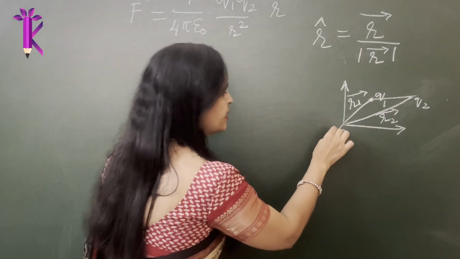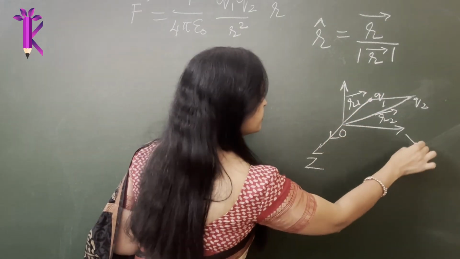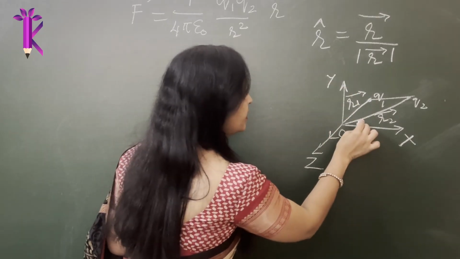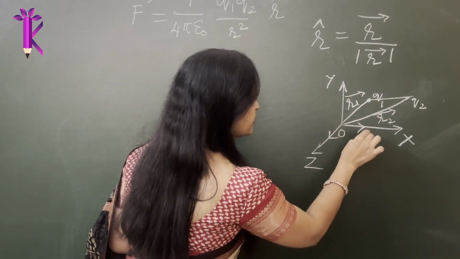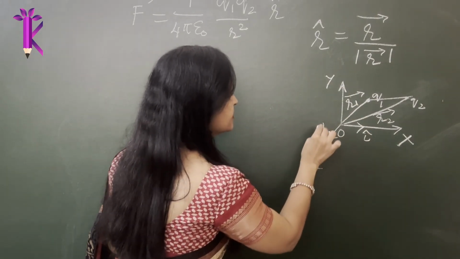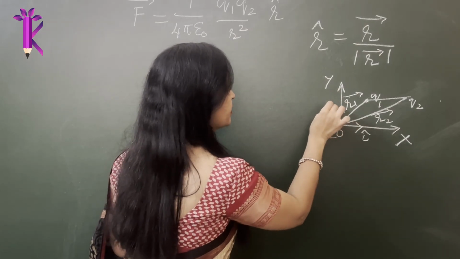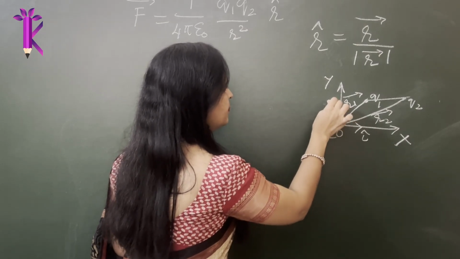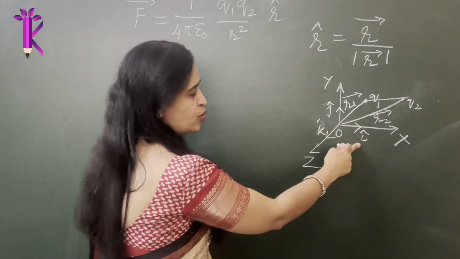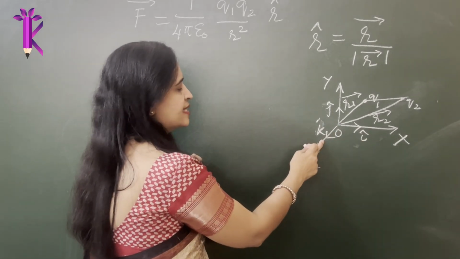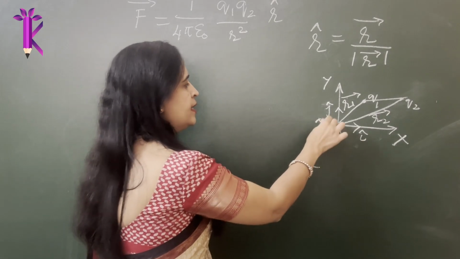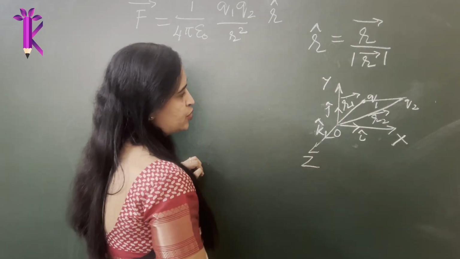With respect to this, this is the z-axis, this is the x-axis, this is the y-axis. The unit vector in this direction is i cap, the unit vector in this direction is k cap, and the unit vector in this direction is j cap. So along the x-axis we call the unit vector i cap, along the z direction k cap, and along the y direction j cap.